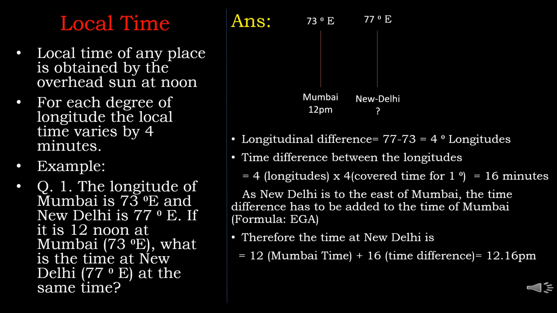As New Delhi is to the east of Mumbai, the time difference has to be added to the time of Mumbai. The formula is already given, east gain add. So the time difference which we have got has to be added to the time given for Mumbai. Therefore, the time at New Delhi is equal to 12 plus 16, which means 12 hours 16 minutes, 12:16 p.m.